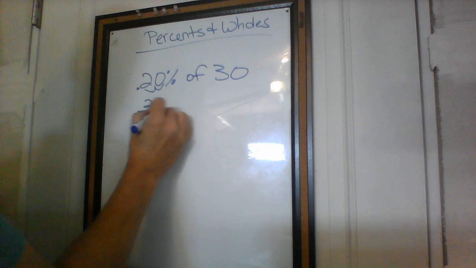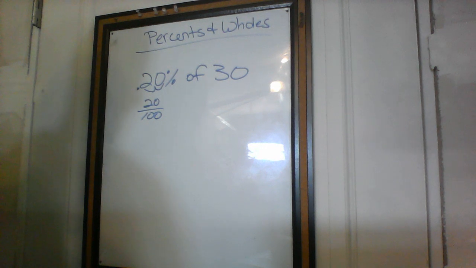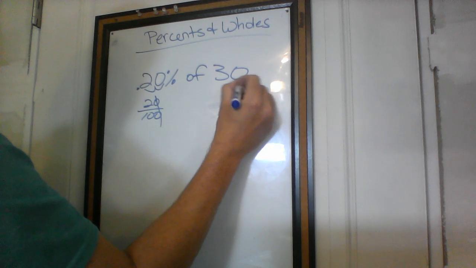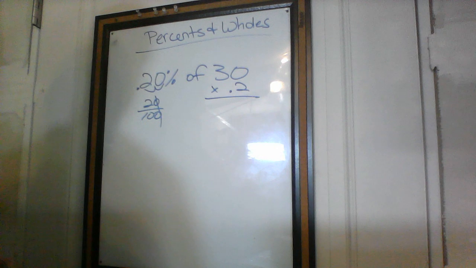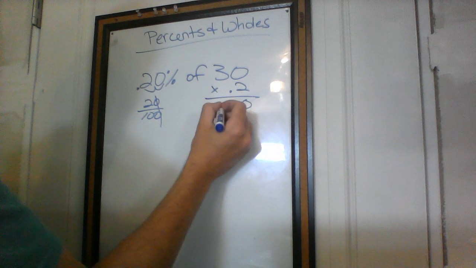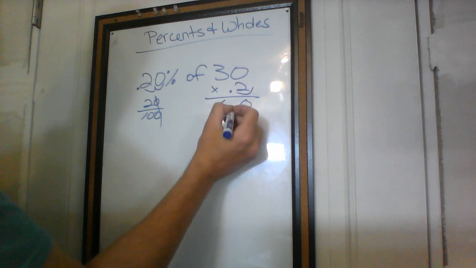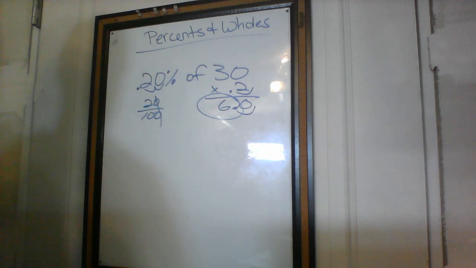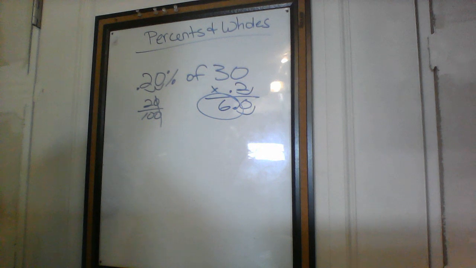Because with our percentage, 20 over 100, percents are out of 100. There's our 2 tenths. If you want to make it 1/5, you can. It's going to be the exact same. So we're going to multiply this by 2 tenths. 0, 6, the decimal moves one time. 20% of 30 is 6.